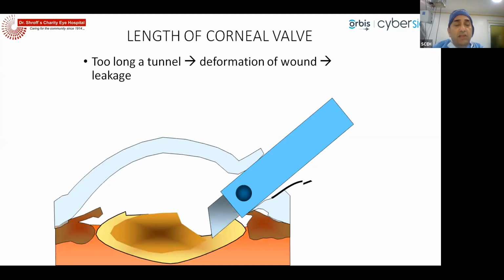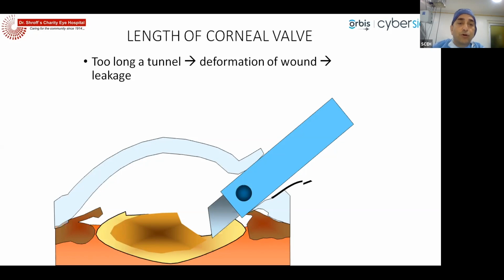If sometimes the keratome is a little blunt or one is not attentive, one can keep creating a tunnel without perforating the Descemet's membrane. And if the tunnel becomes too long, then there's deformation of the wound as you want to go deeper posteriorly to trench.